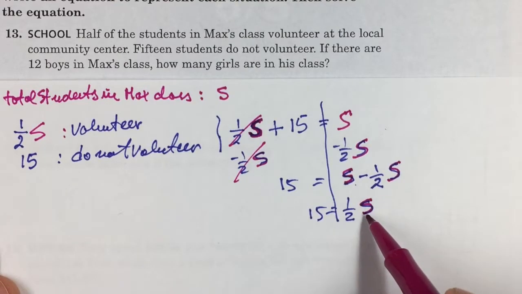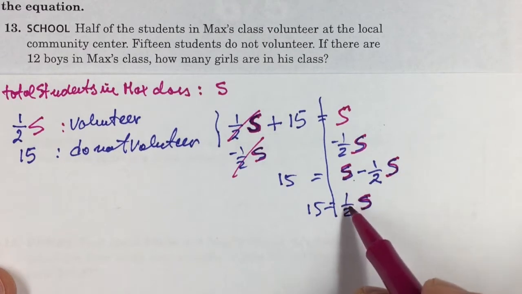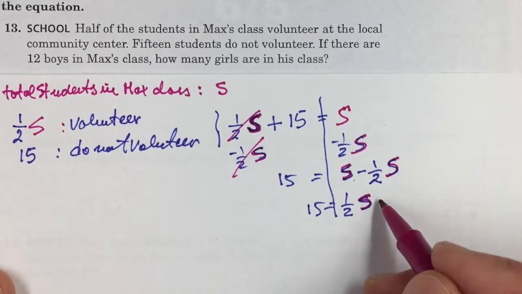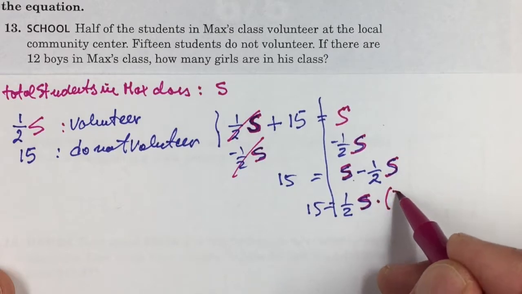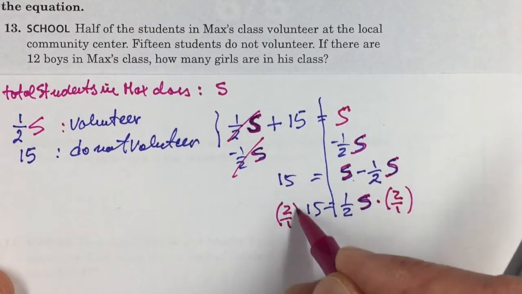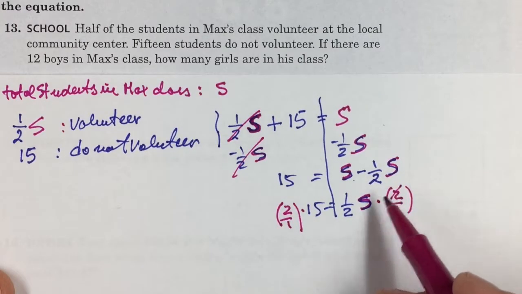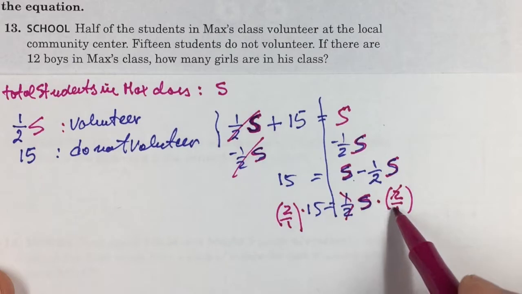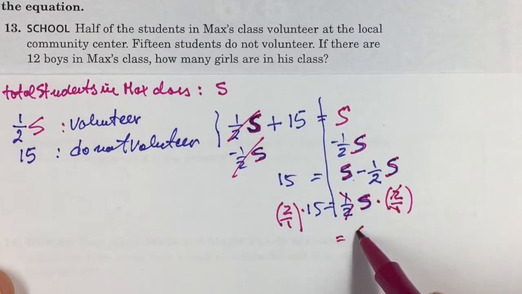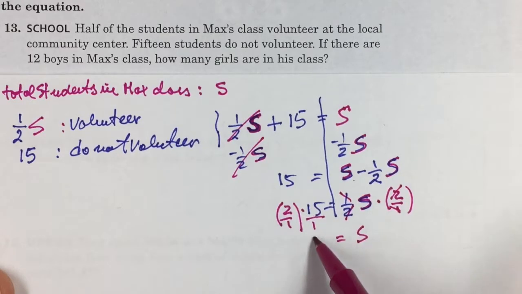Now, in order to find s, the total number of students in the class, I need to get rid of the 1/2. For that, I'm going to multiply by the reciprocal, 2 over 1. Just flip over this one and 2 over 1 and multiply both sides. So this 2 goes away with this one, the 1 with this one, and I have on the right side s equals 2 times 15 over 1. That means 30.